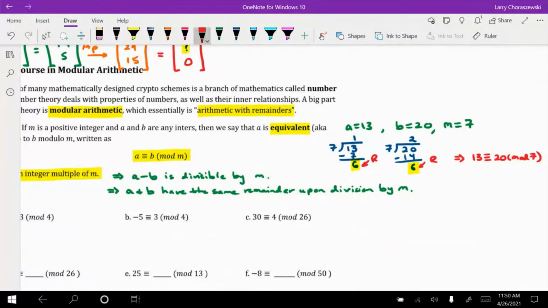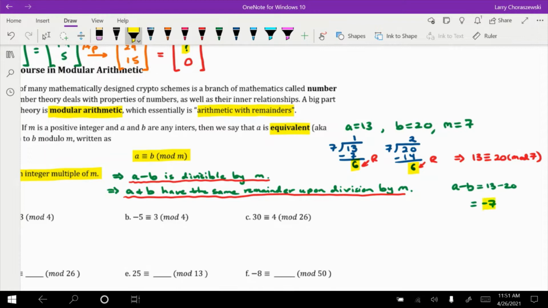Now, that's using the rewrite of the definition: a and b have the same remainder upon division by m. Let's look at a minus b and see if that's divisible by m. If we do a minus b, that's 13 minus 20, which gives us negative 7.